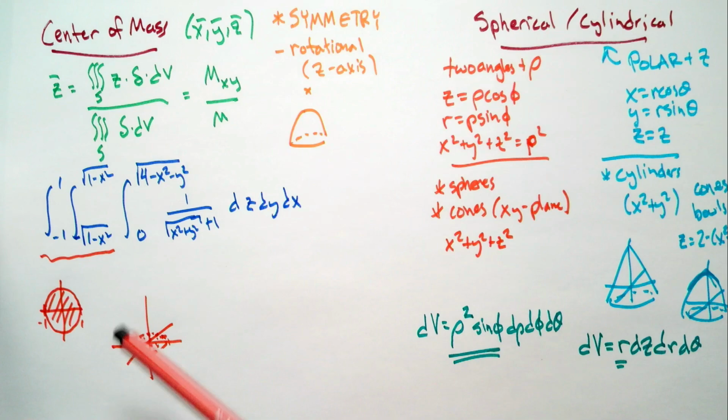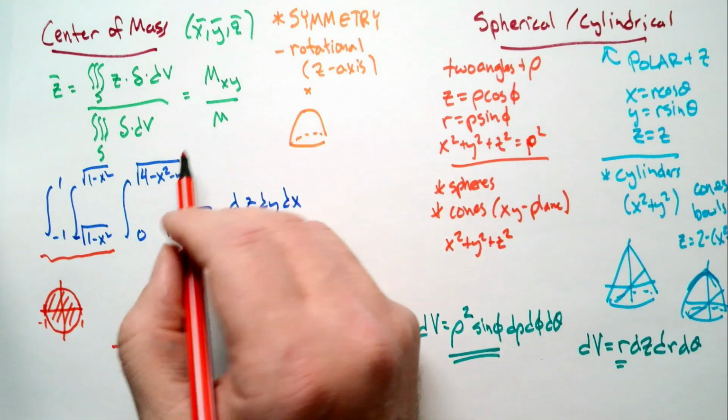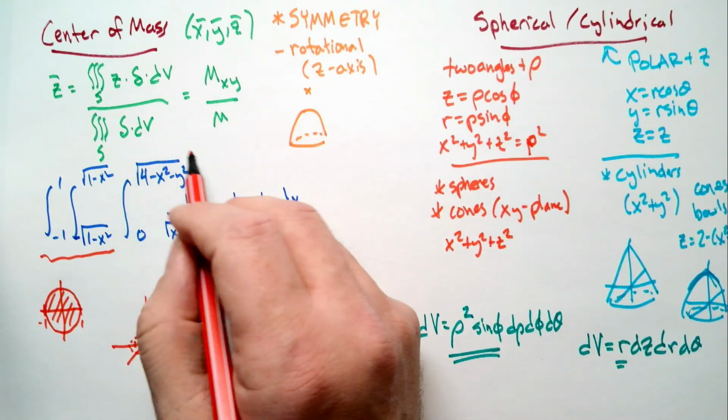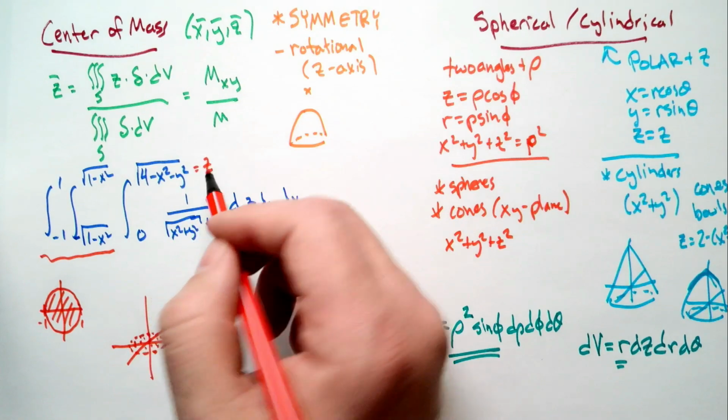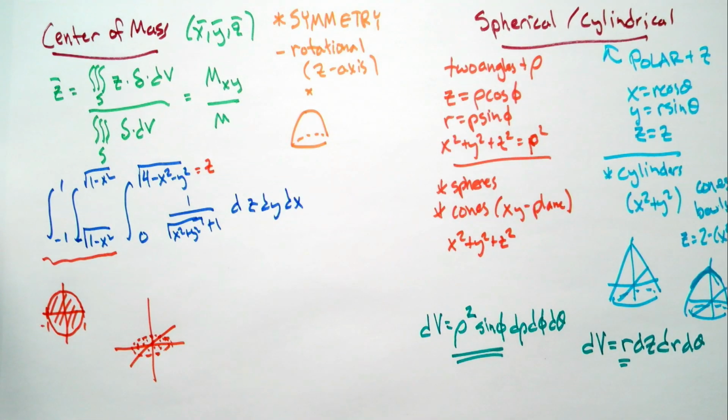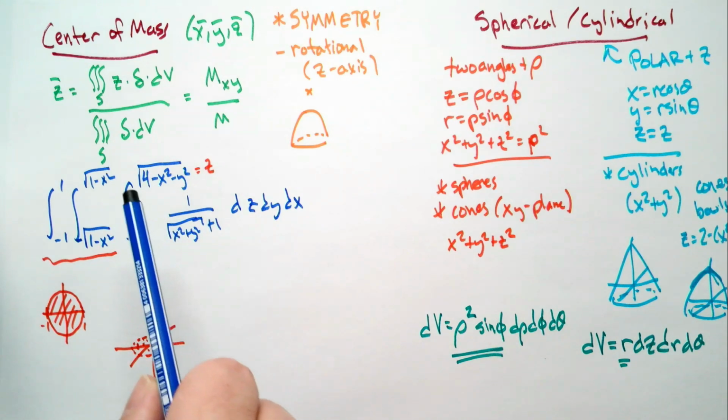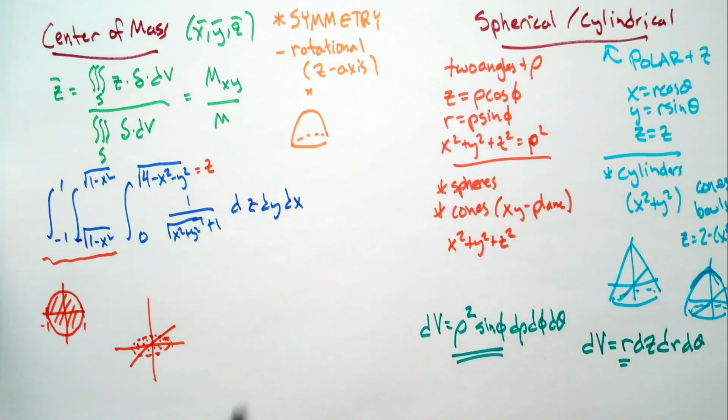And now I'm going from 0 up to, what's this? So it's z equals something. What does it correspond to? It's a sphere. If you square both sides, you get 4 minus x squared minus y squared equals z squared.